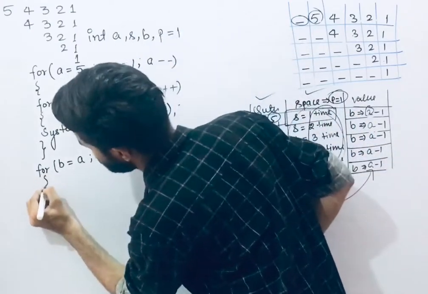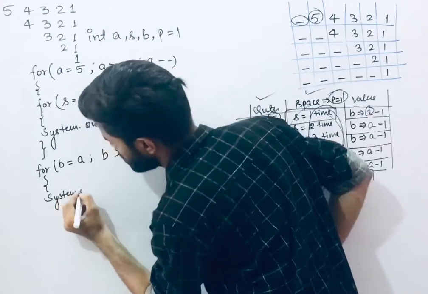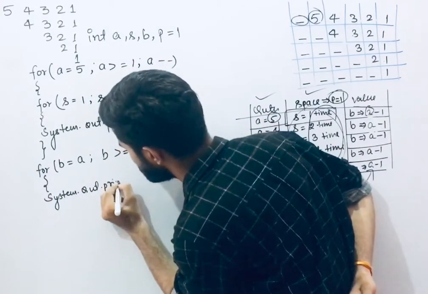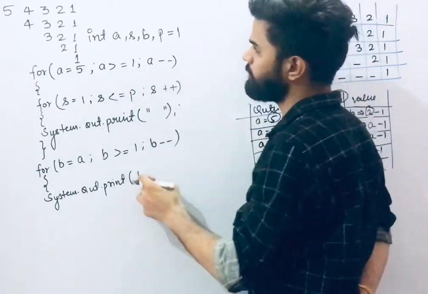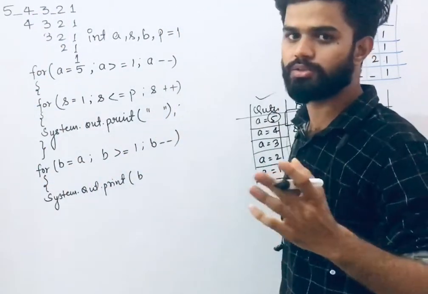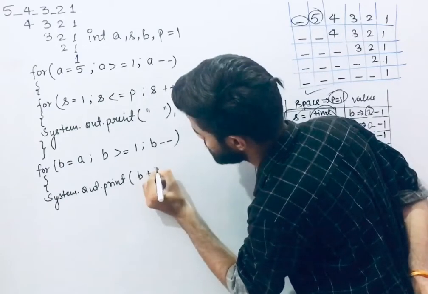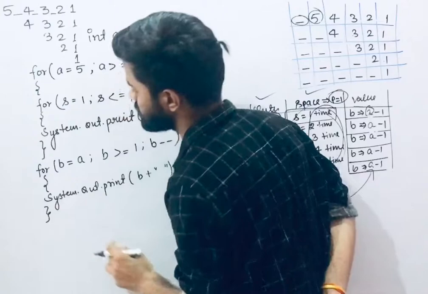And now we write here system dot out dot print, and what we print here is b, and after printing the value we need to print a space between them, just like in our previous pattern. So we write here b plus space, and then close this loop.